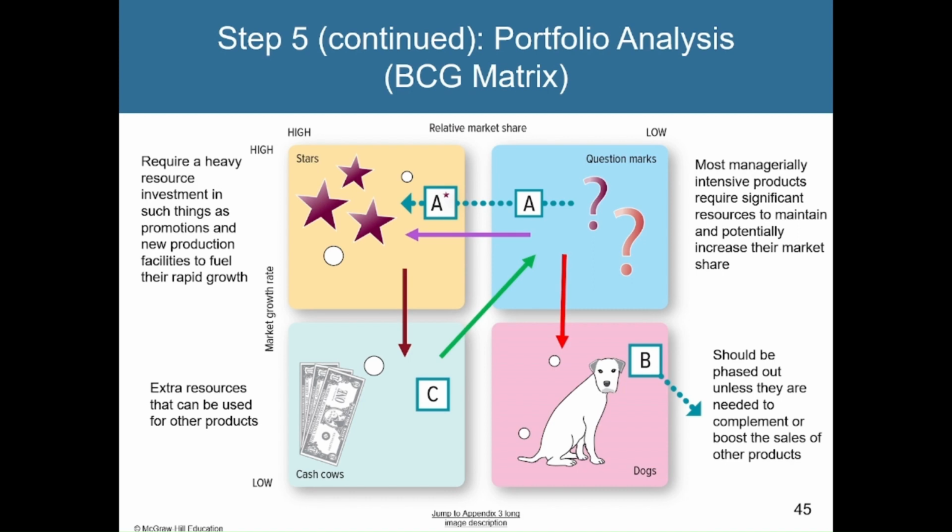For example, question marks, if they grow well, can grow into the star category, or later become cash cows for the company. And if question marks do not receive enough resources and do not run well, they can change to the dog category. So it is not fixed. It's a dynamic thing.